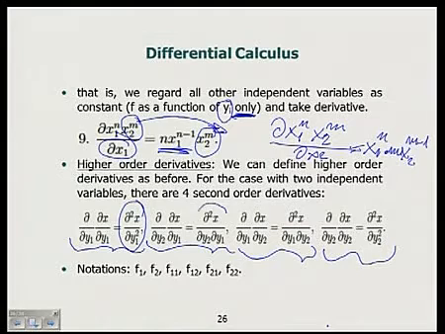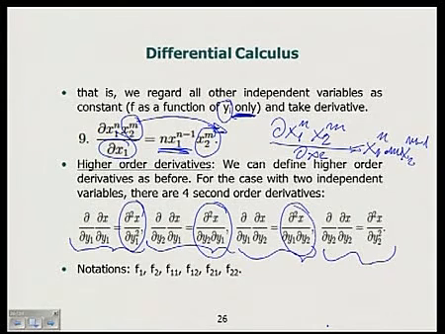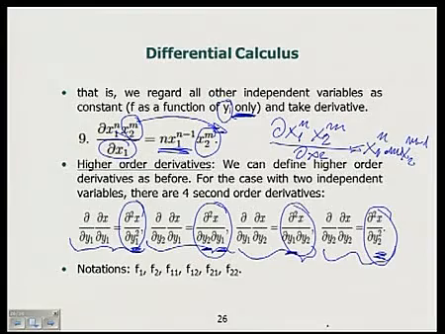Then the second derivative of x with respect to y2 and with respect to y1. Then the next, this time we have to change the order of the variables, and the fourth one is the second derivative of x with respect to the second variable squared. First variable, second variable, then the second, first, second partial derivative.